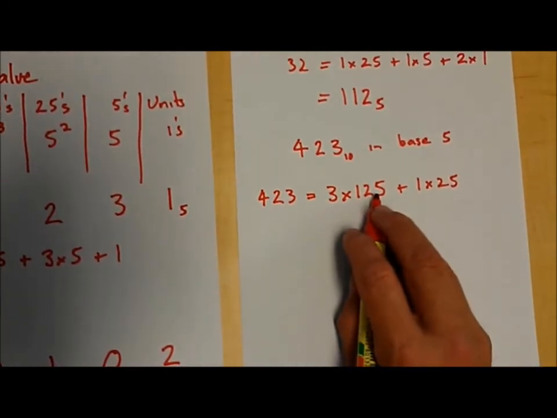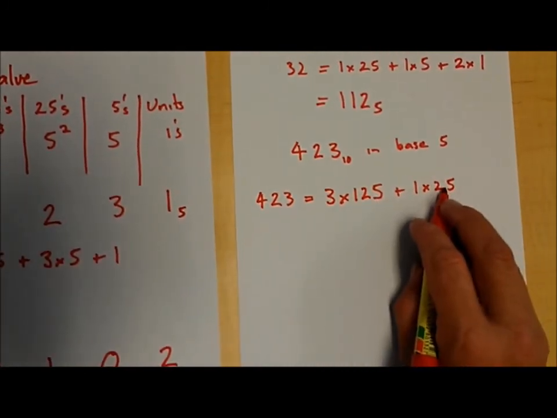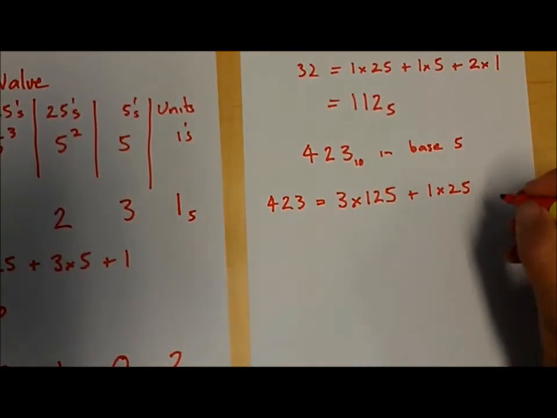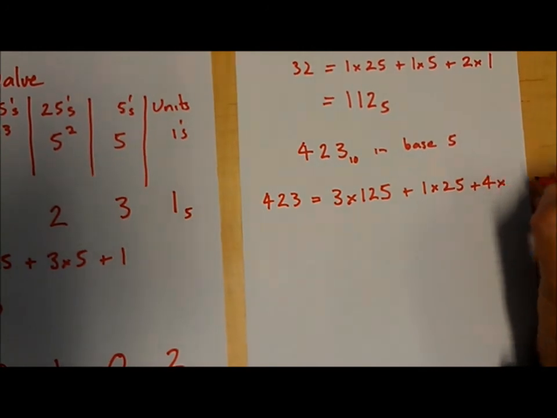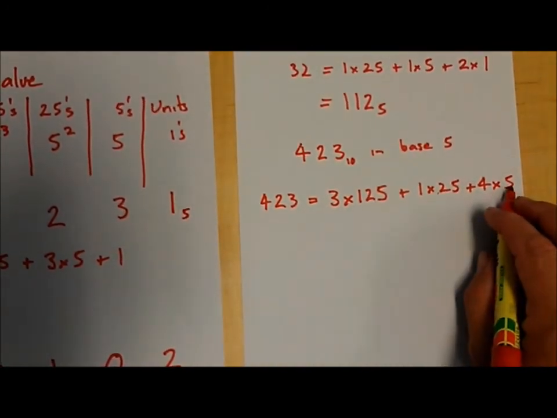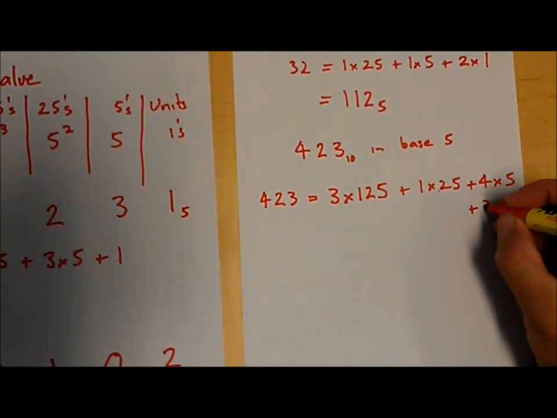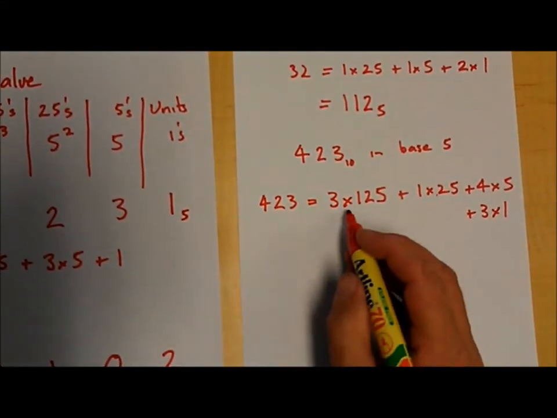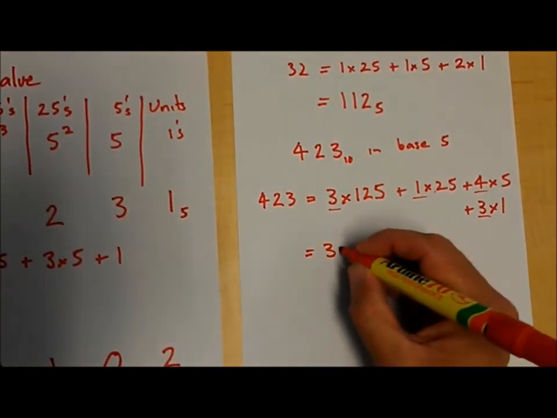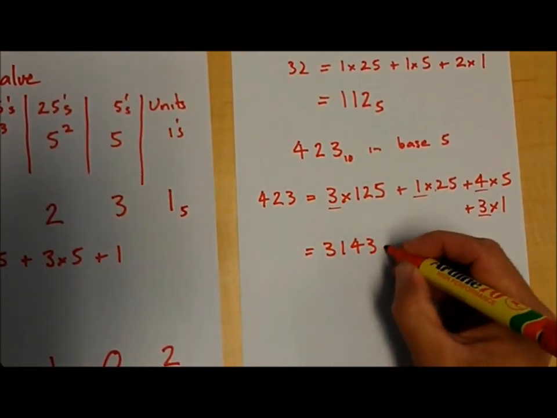I'm going, that's 375 plus 25 is 400. I can get my 20 by saying 4 lots of 5. So now up to 375, 420, and I've got 3 lots of 1. And so in base 5, this number is 3143 in base 5.